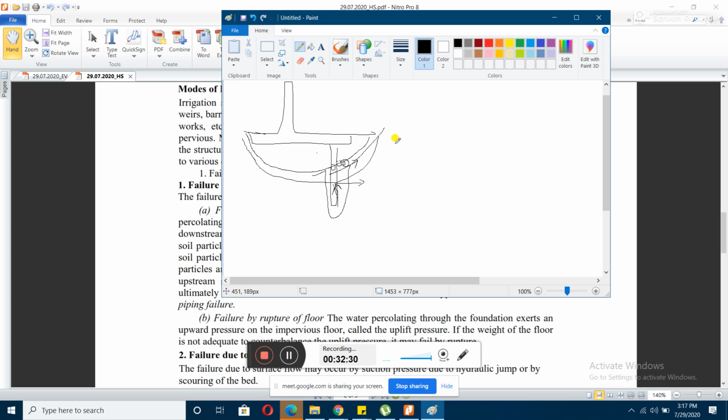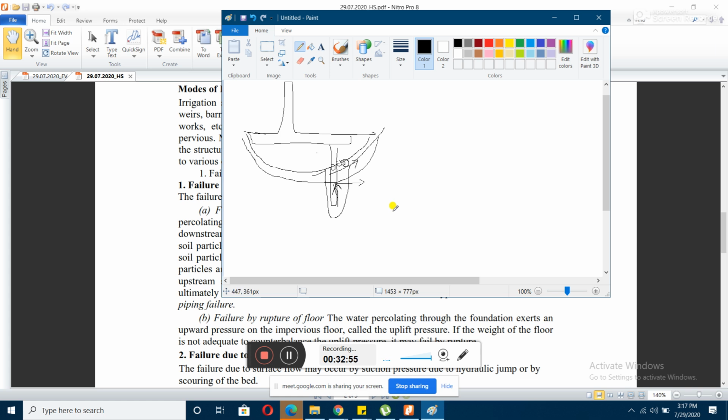This pipe won't be forming. So we insert cut-off piles at the downstream side, as well as for the upstream we have inserted piles in order to counter that uplift, failure by uplift. You have inserted piles in the upstream, as well as in the downstream we will insert piles.